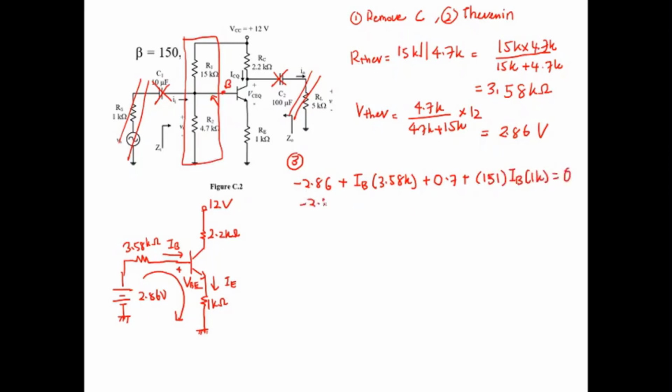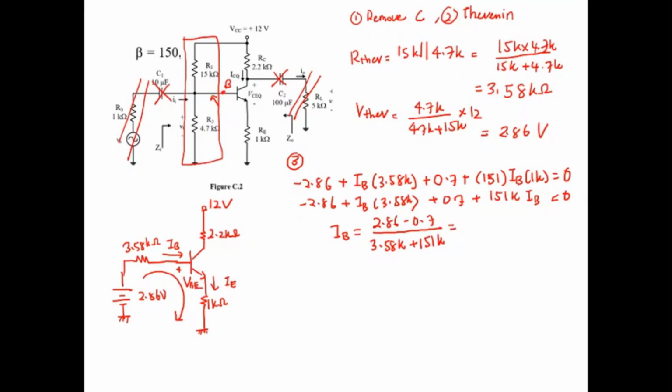Then IB is equal to 2.86 minus 0.7 over 3.58K plus 151K. This is the equation to get the IB.